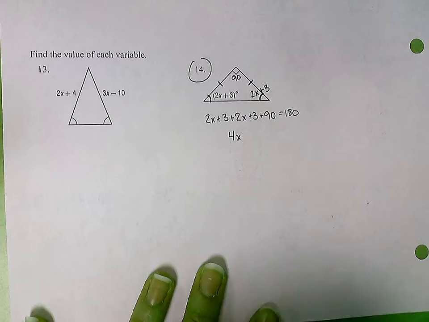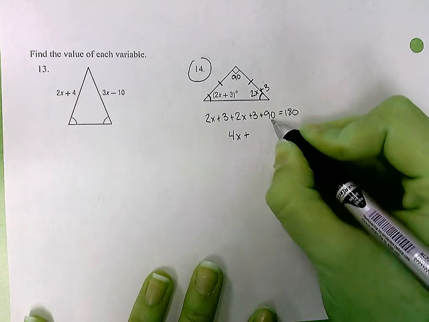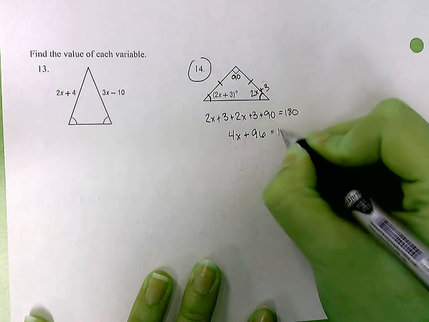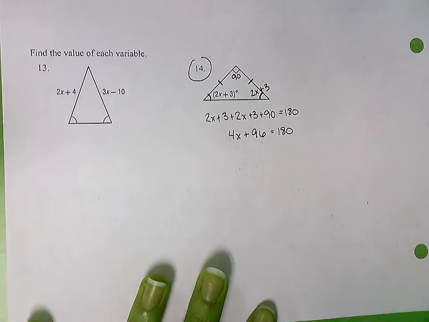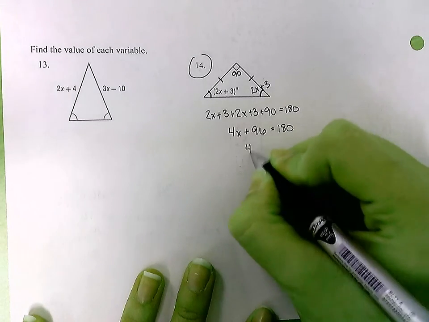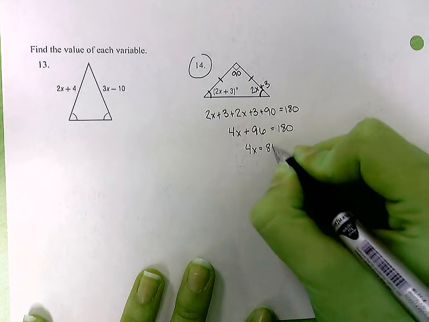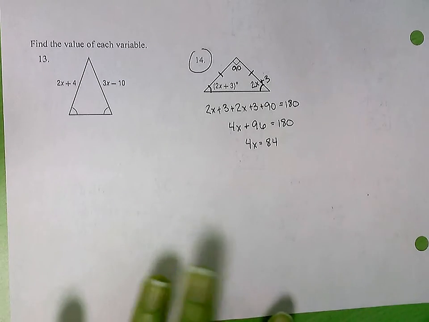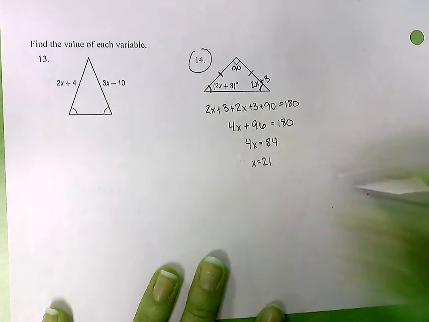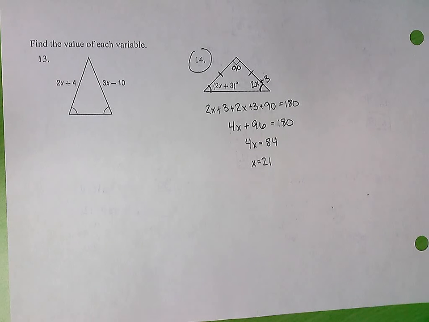That's 4x. I have 93 and 3, so plus 96 is equal to 180. Subtract 96. I have 4x equals 84. So x will be 21.